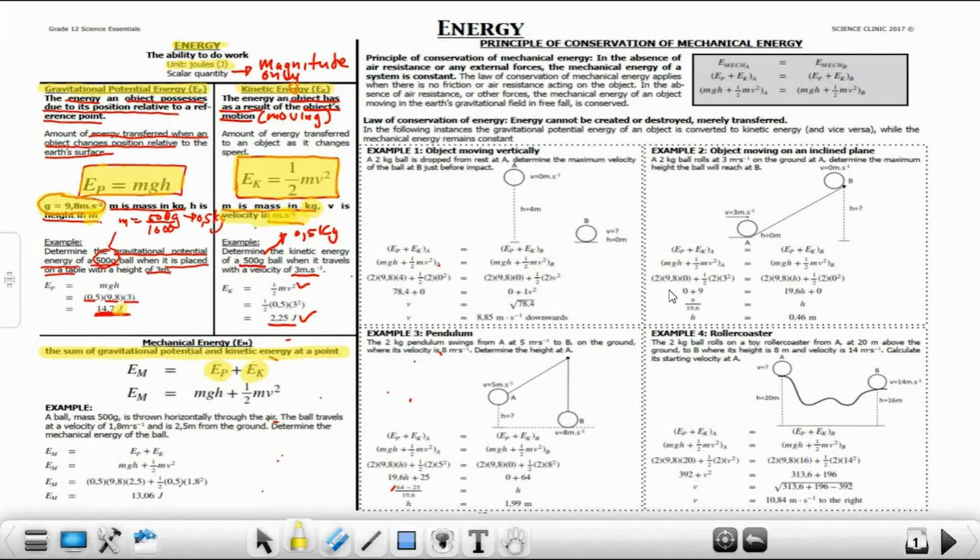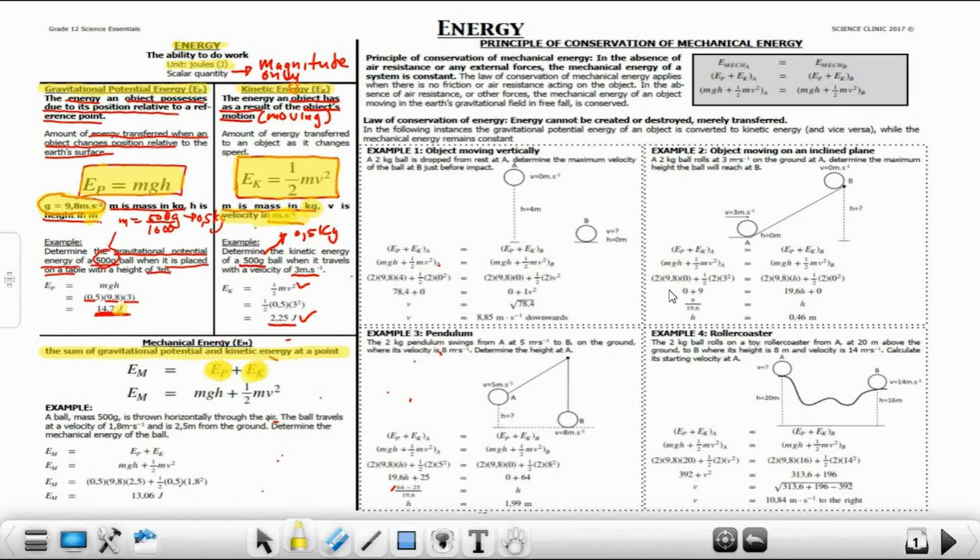But what is key? Remember, EP is an energy an object possesses due to its position. So I am going to check the height given to see exactly what position we are looking at.